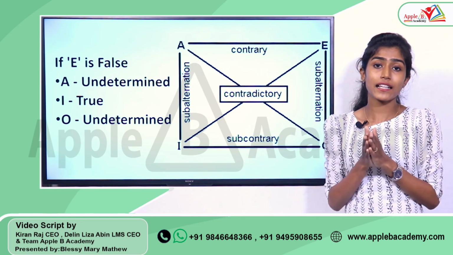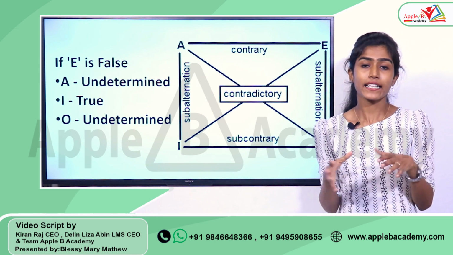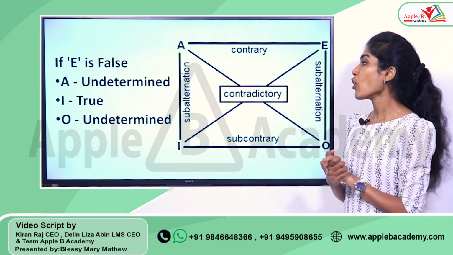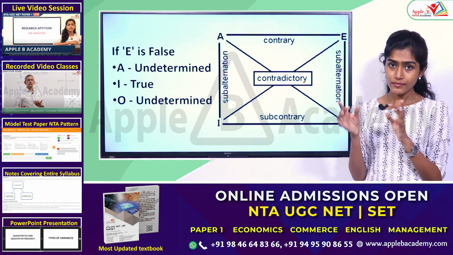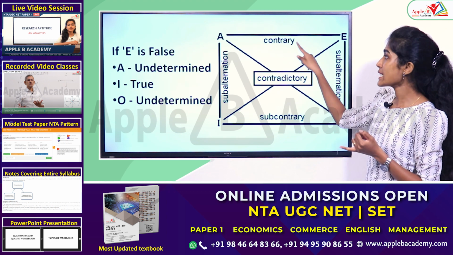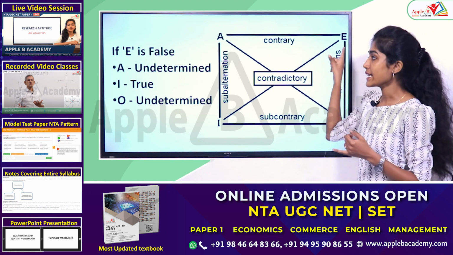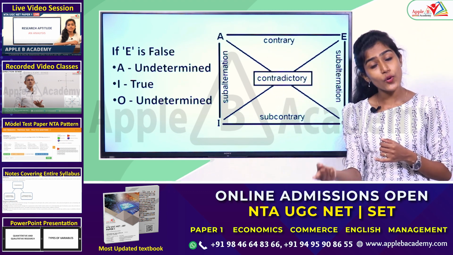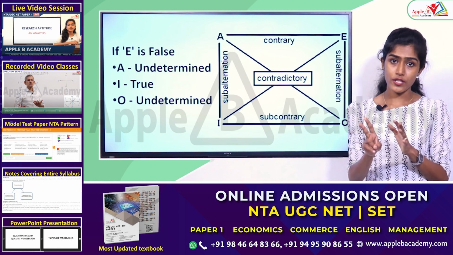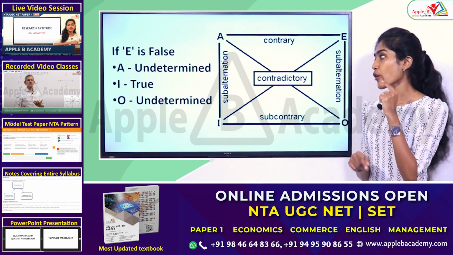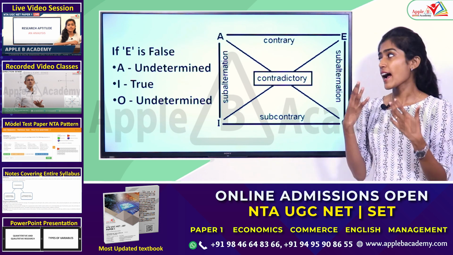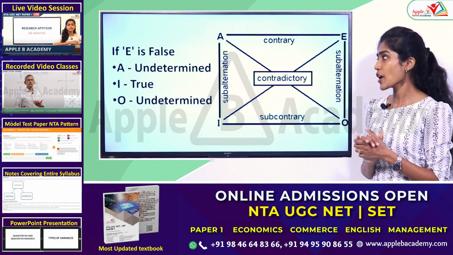There is nothing wrong in that kind of analysis, right? So in this option, it says that if E is false, in the contrary relationship, then A can be either true or false. There are 2 possibilities. If E is false, then A can be either true or false. That means A is undetermined because they are contraries.